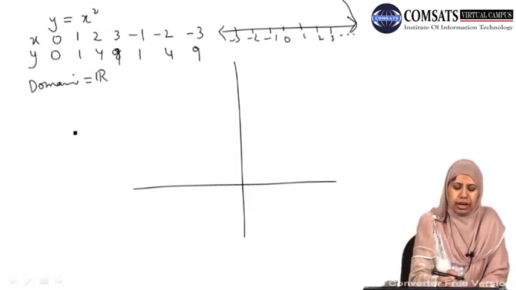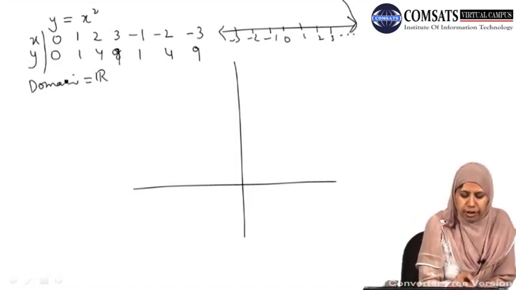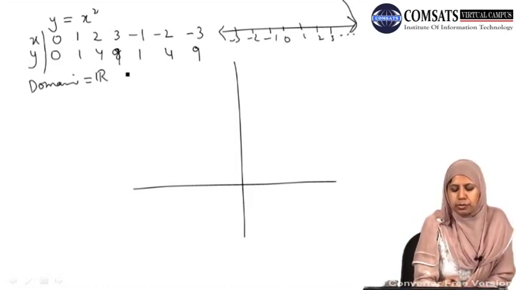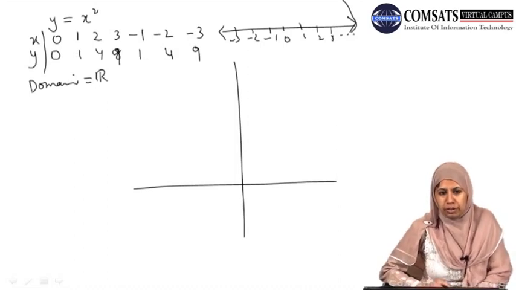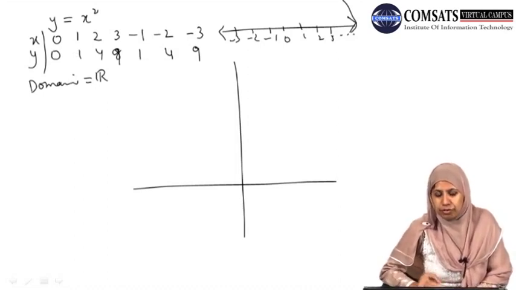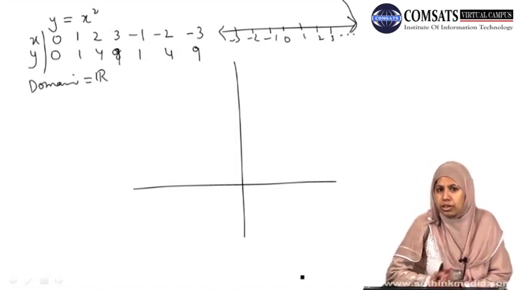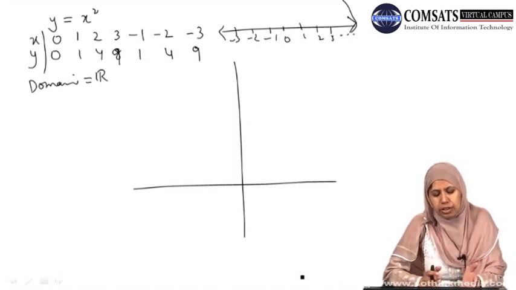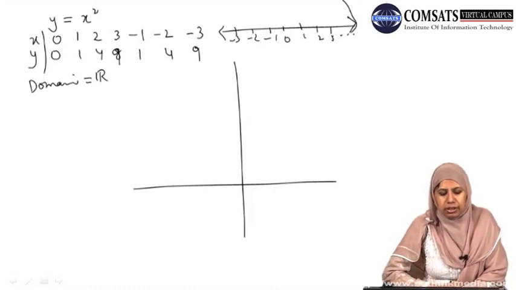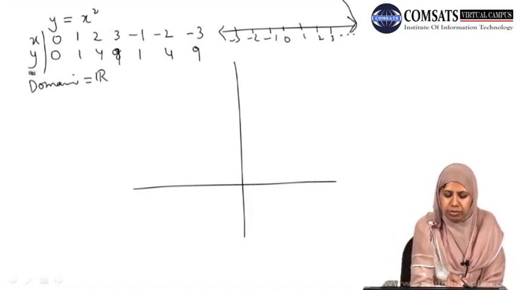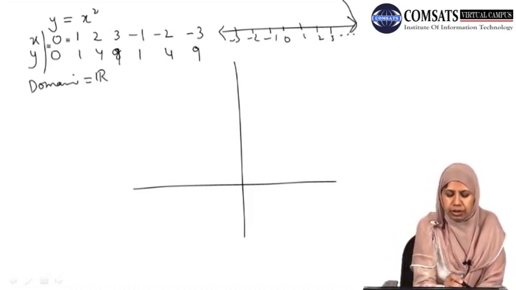If we look at the values of x and the corresponding values of y, what do we mean by the range of the function? Basically, the output with respect to the given input. The given input is the whole real line, and the output, if we look closely, when input is 0, the output is 0.